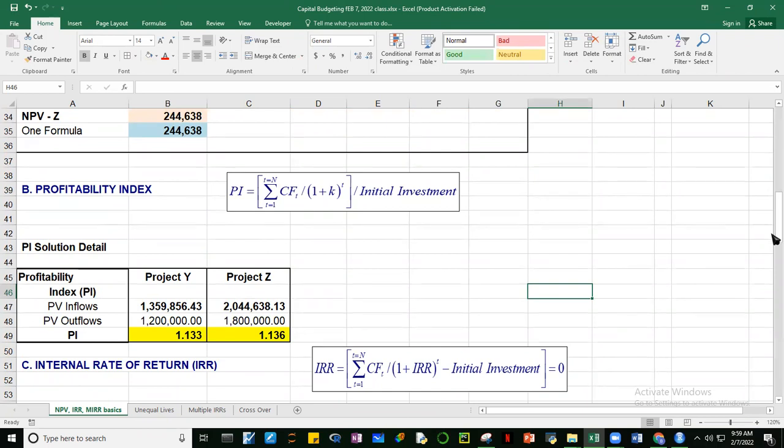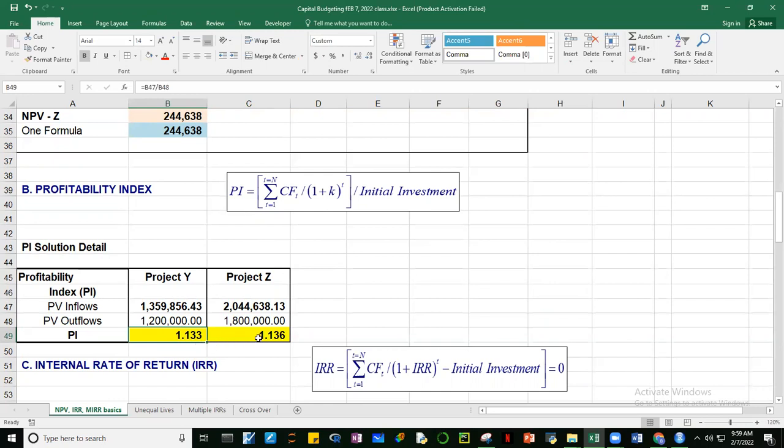So based on the profitability index, which is a measure of the present value inflows per unit outflows. So for example, this is 1.133. For every 1 peso of cash flow invested in project Y, it will yield a 1.133 pesos inflow.